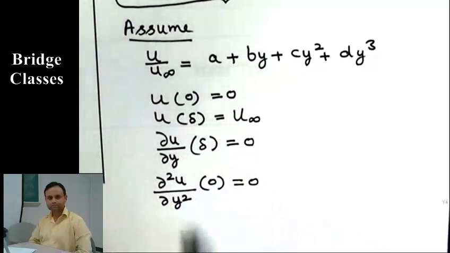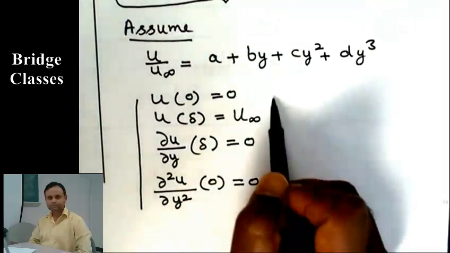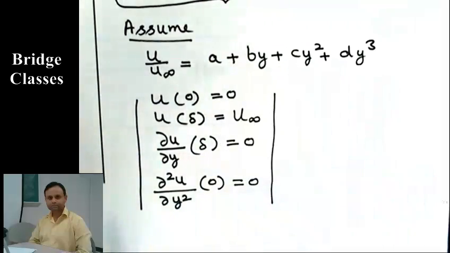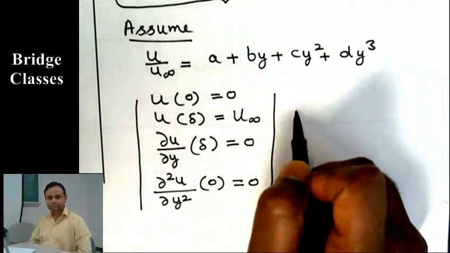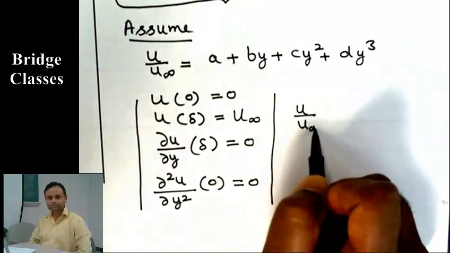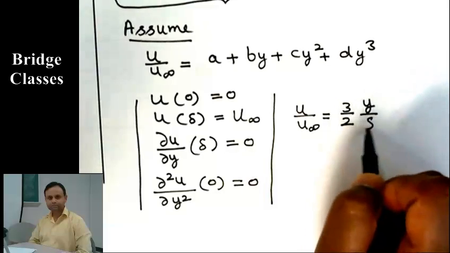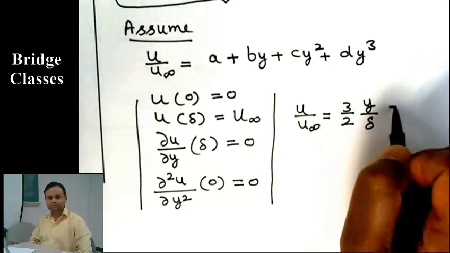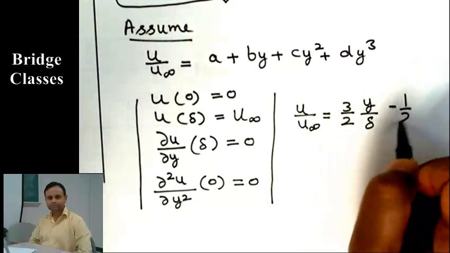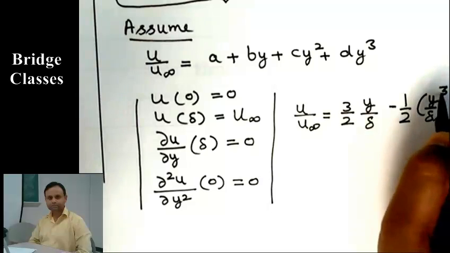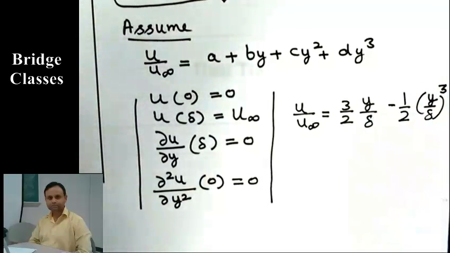So we have to satisfy these four conditions, and it has four constants a, b, c and d, so you can get those constants, and you get u over u infinity equals 3 half y over delta minus half (y over delta) cube.